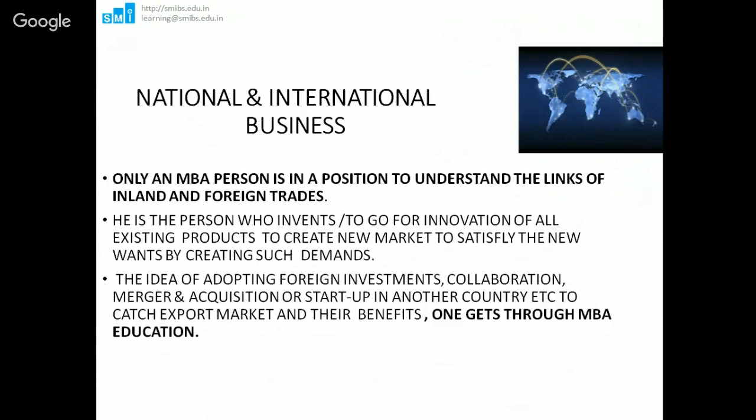National and international business. Only an MBA person is in a position to understand the links of inland and foreign trades. He is the person who invests or goes for innovation of all existing products, to create new markets, to satisfy new wants by creating such demands.